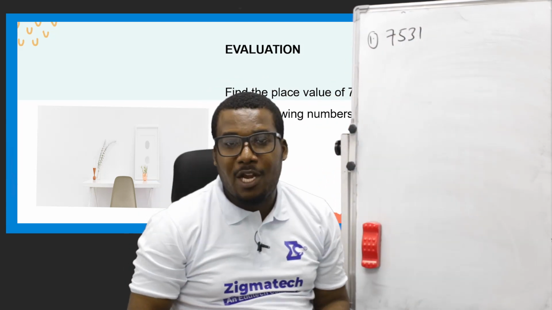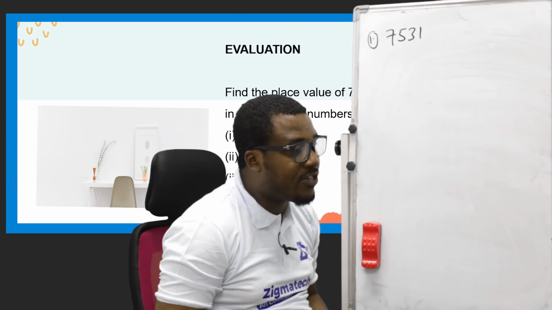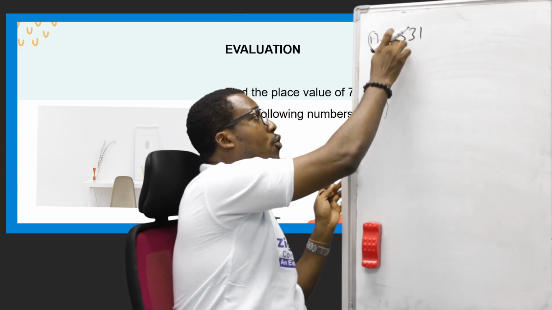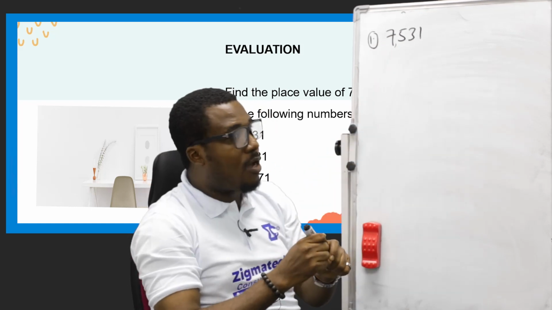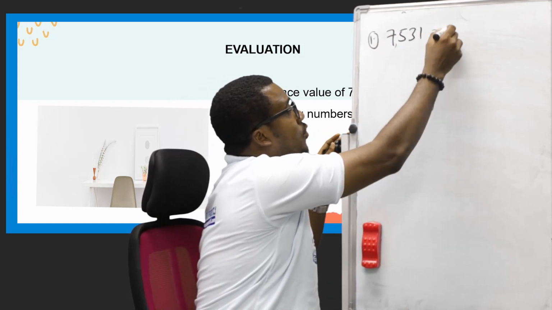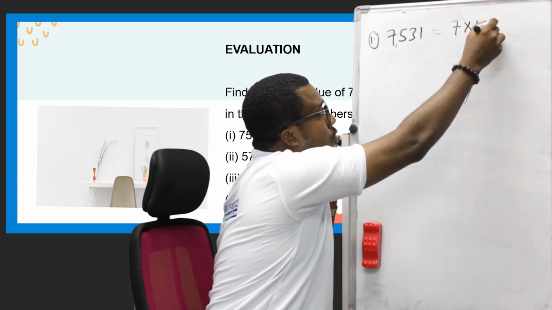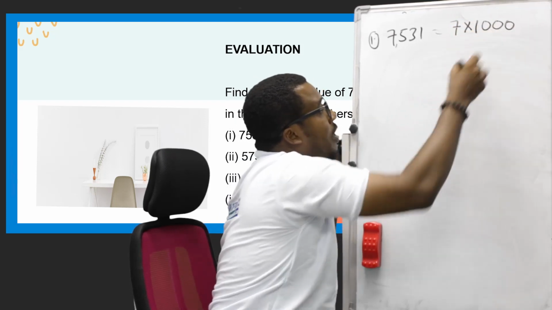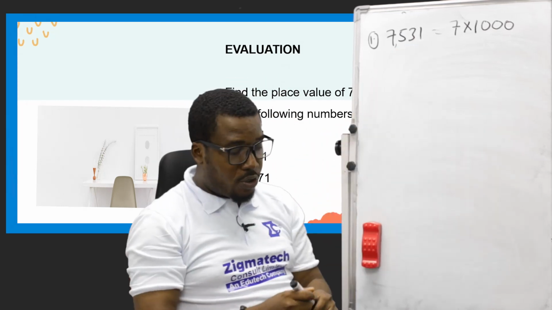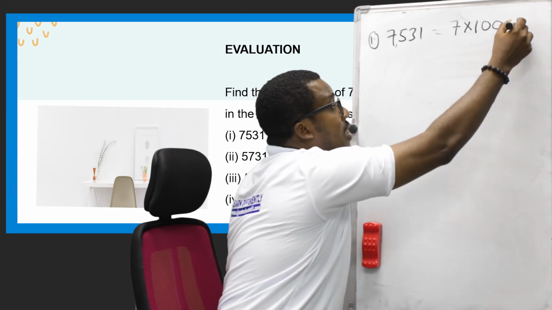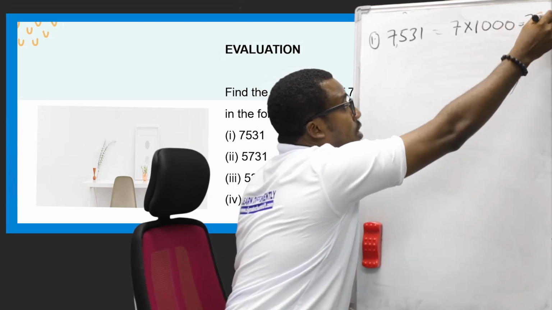I said earlier, find a way to split it up, break it up, or separate it. You count from right to left: 1, 2, 3, comma. The presence of 3 digits gives you 7 times 1 with 3 zeros. These digits represent the zeros. And if you do this, the placement of 7 in this is equal to 7,000.